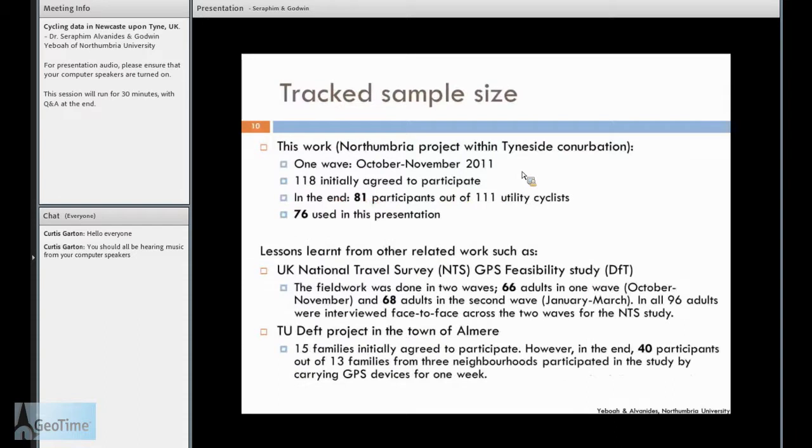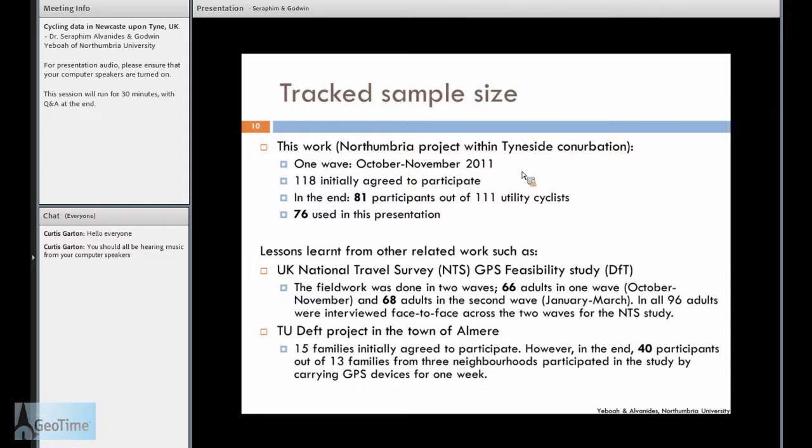Based on lessons learned from related studies in published literature, such as the Department for Transport GPS feasibility study and the TU Delft study shown here, I initially targeted a sample size of 100 cyclists, but eventually had 118 people who initially agreed to participate.